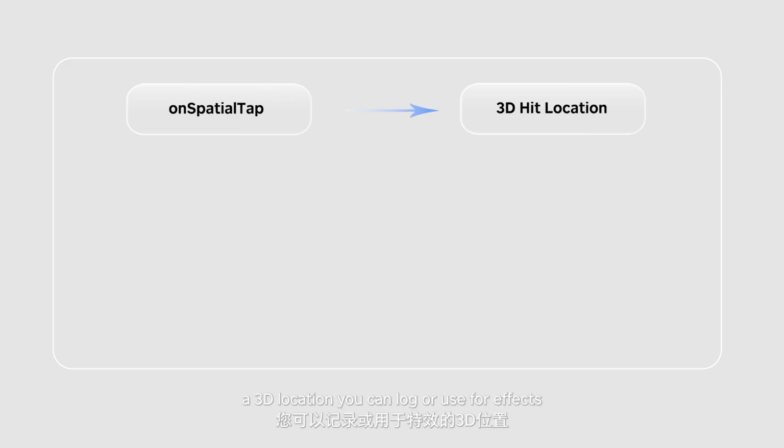The onSpatialTap event includes hit information, for example, a 3D location you can use to log and use for effects. That hit data is reported in a layout-based coordinate system tied to your Reality container, which is different from the coordinate space you use for entity position, rotation, and scale in the scene graph.